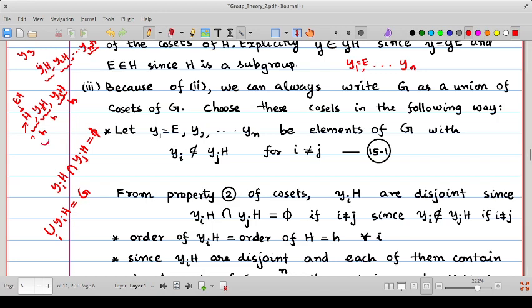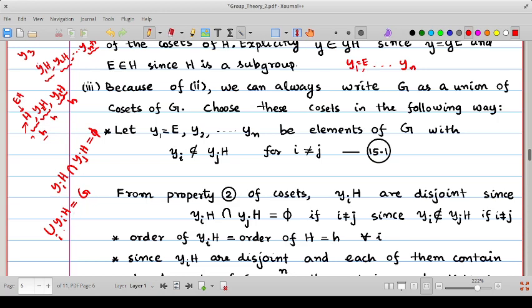Further, while discussing this, we have noted that every coset contains |H| elements. And every element in a coset will be distinct as well, because they are all disjoint.